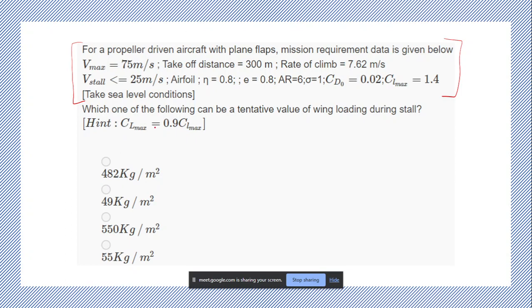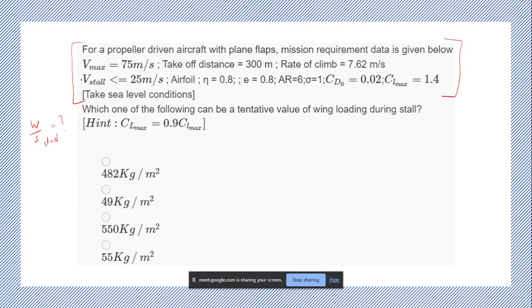Now how do we go about finding the wing loading during stall? Let's take a moment to think about this. We need to find out the wing loading during stall, W by S during stall. That is what is asked here.